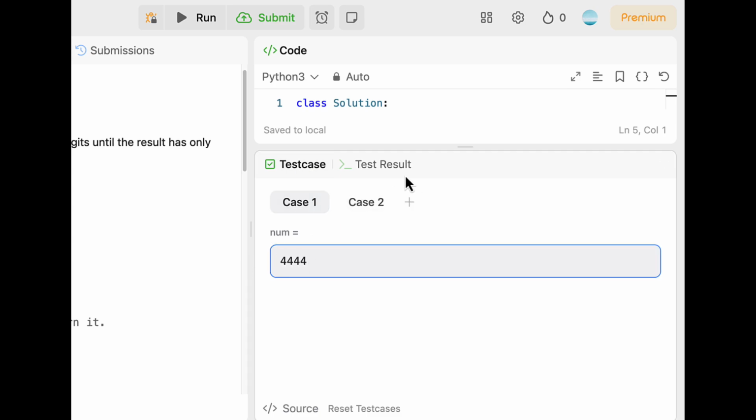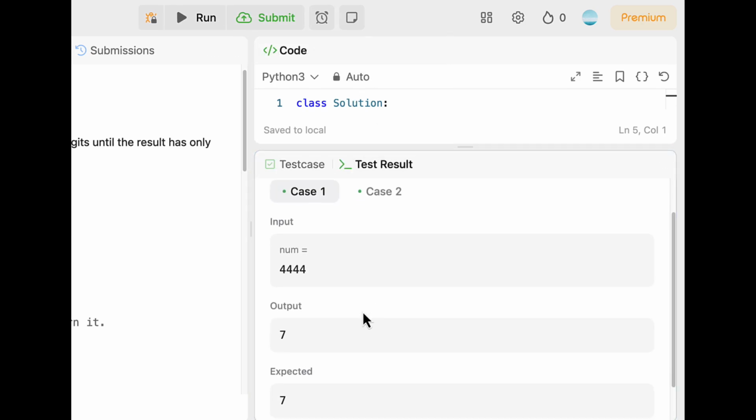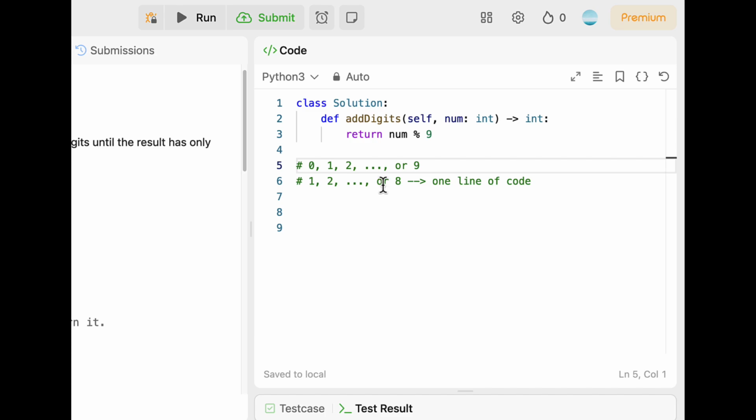It's 4, 4, 4, 4. And it's 7 here, as expected. You can try it yourself. If the result is among 1 until 8, you can just mod 9 and get the result. Actually, the 0 and 9 situation is just a special case of this mod 9 solution.